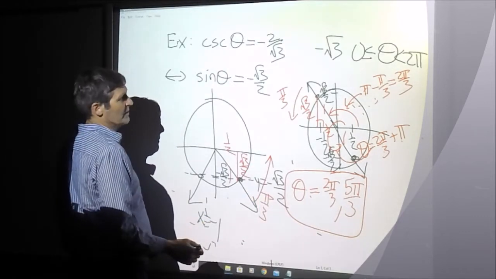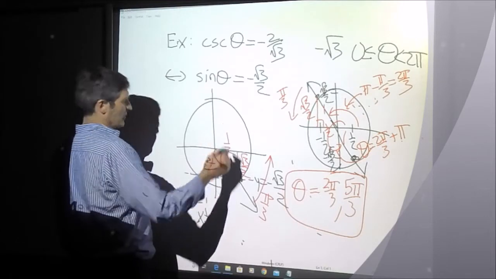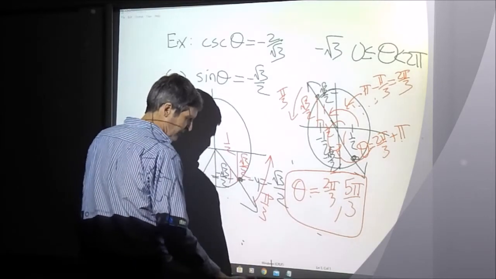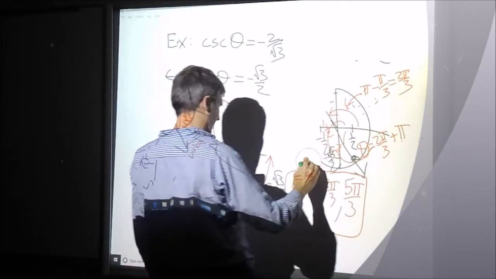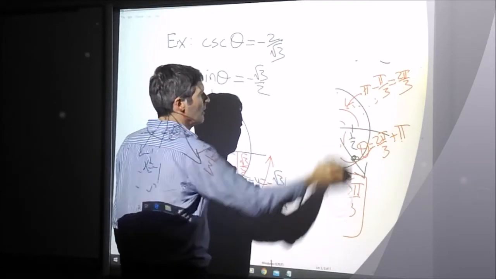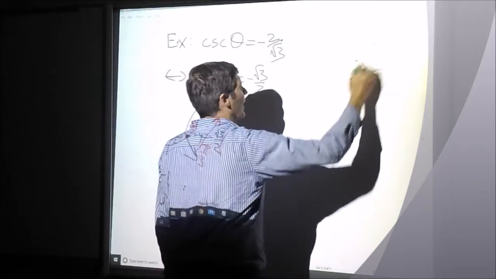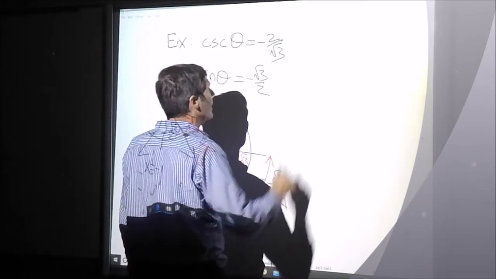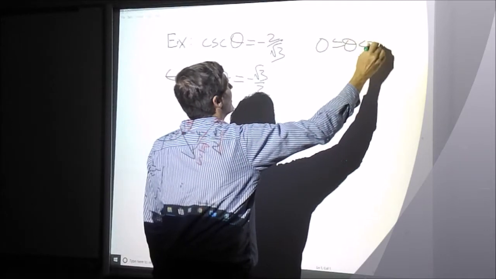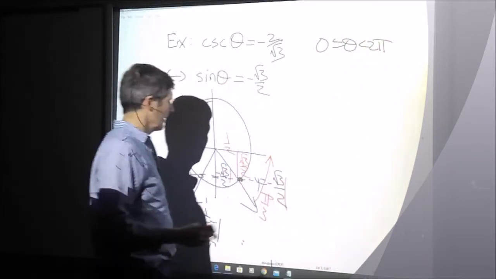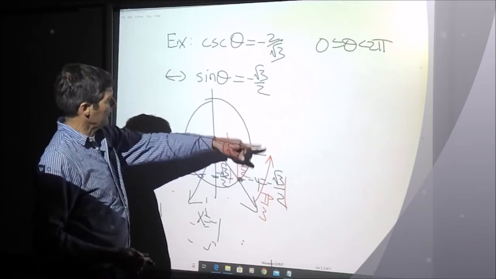That being the case, suppose we're solving this again for theta between 0 and 2 pi. Then I can't use this angle, I have to go all the way around.